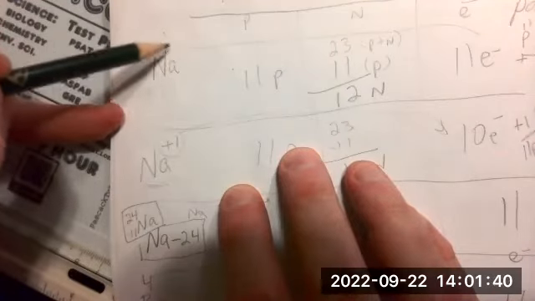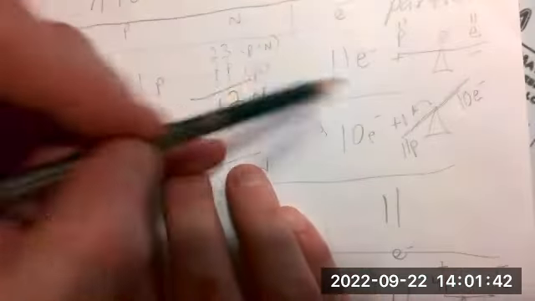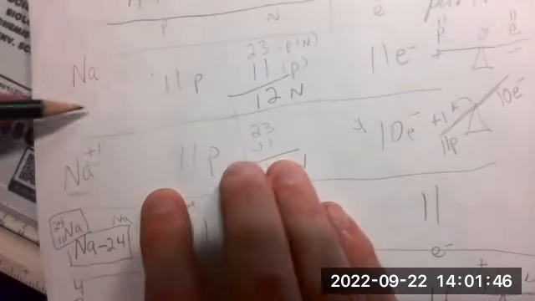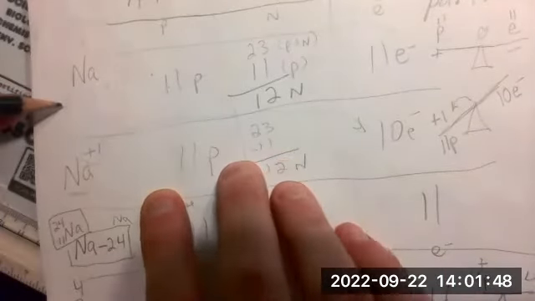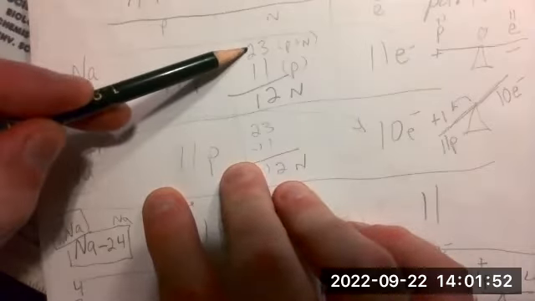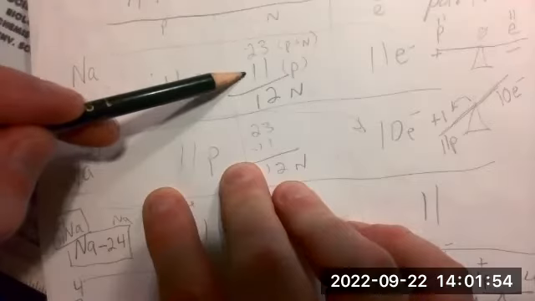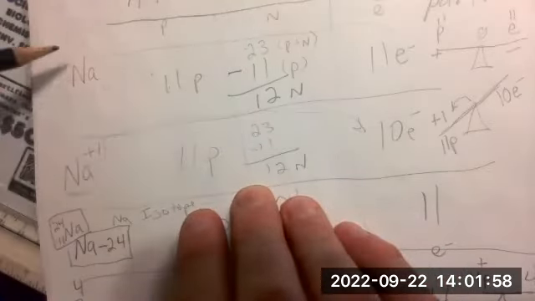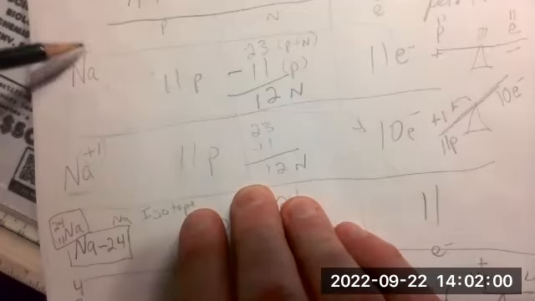It's neutral, it has no sign above it, so if it has 11 positives, it has 11 negatives. And then you would go to your periodic table, you'd see it has a mass of 22.9, which is 23 when you round it. You would subtract out your protons and you would get your 12 neutrons. So you don't even need numbers, you just need a periodic table.